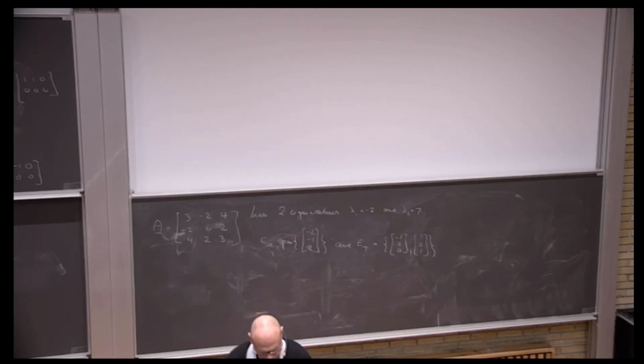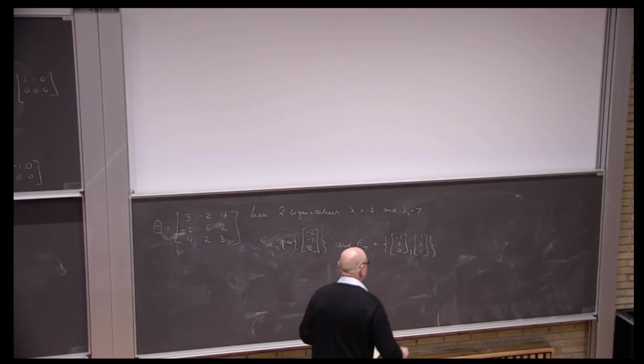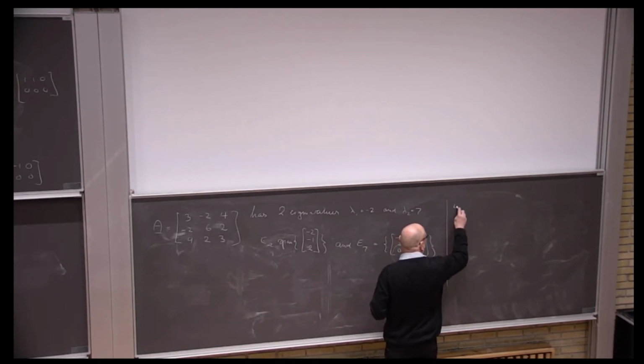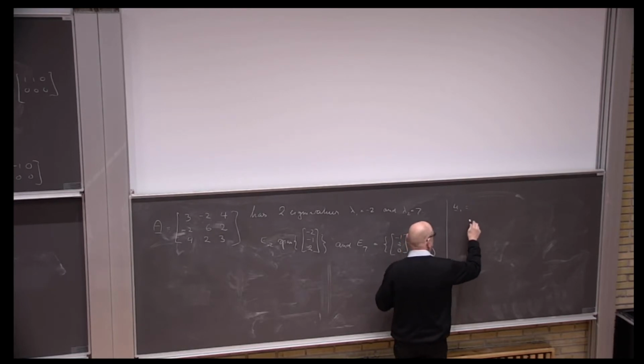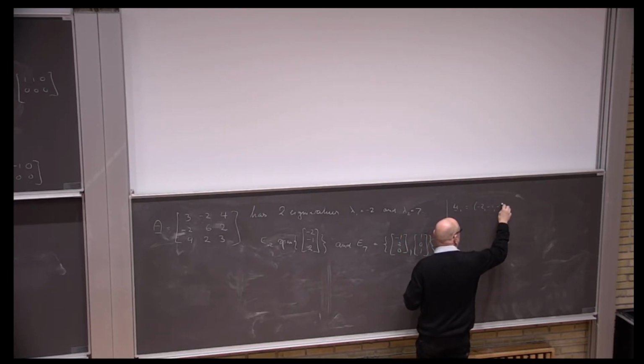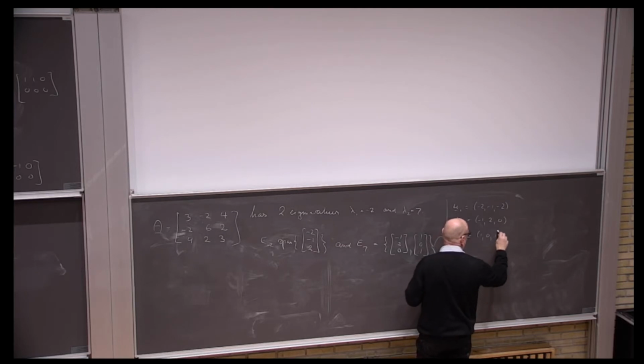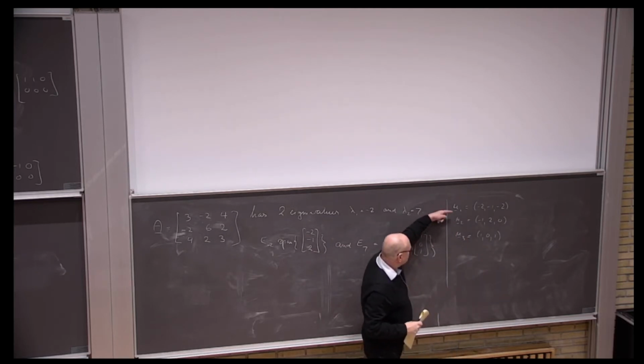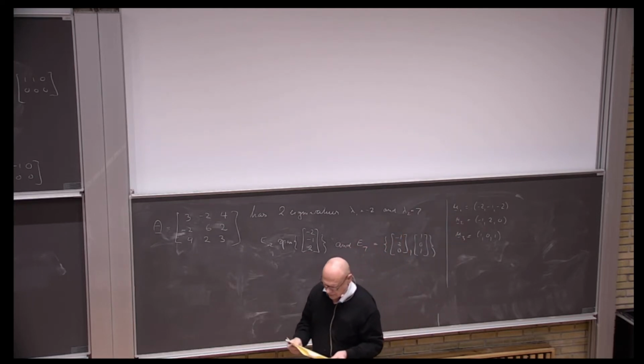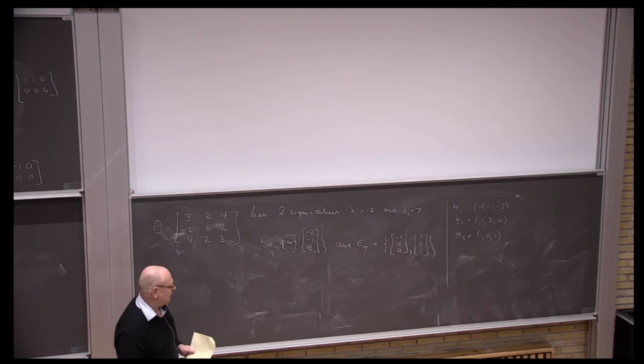So let me just write down the three vectors: u1 equal to minus 2, minus 1, 2, and then you have u2 equal to minus 1, 2, 0, and you have u3 equal to 1, 0, 1. And u1 is orthogonal to these two, but these two are not orthogonal to each other.